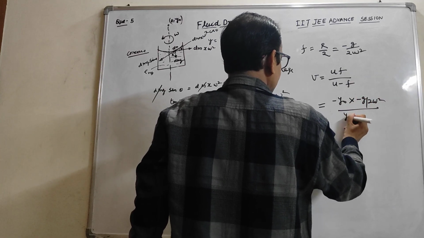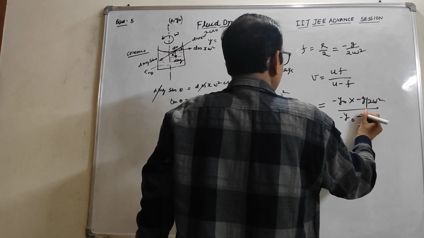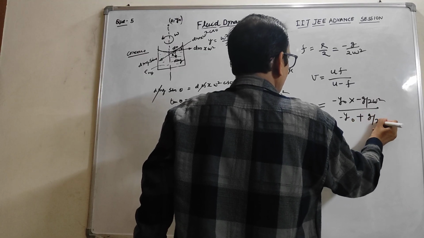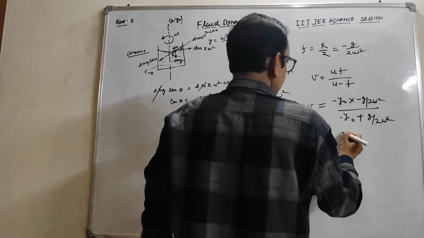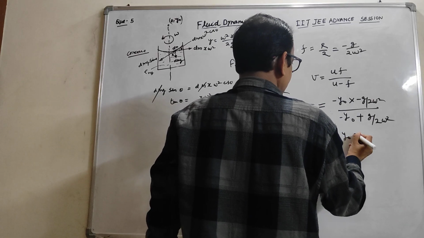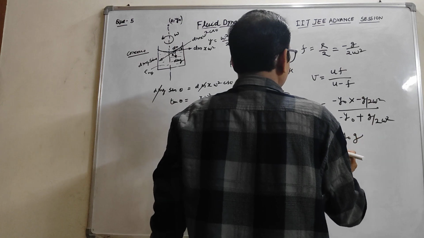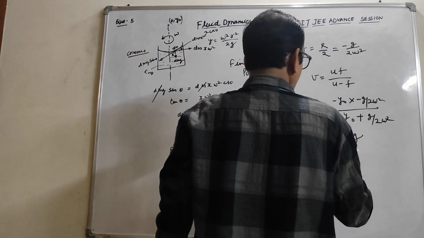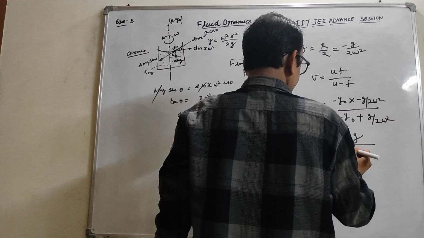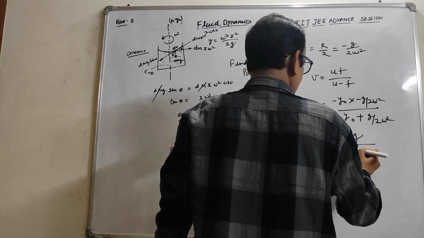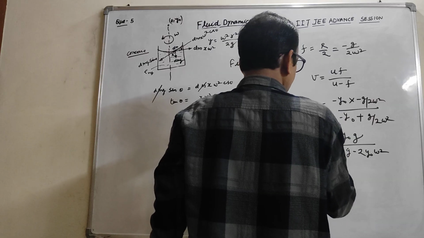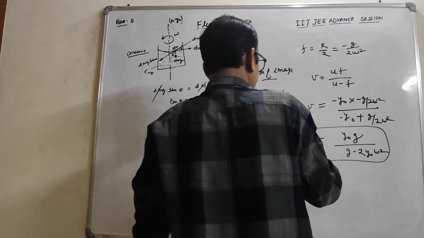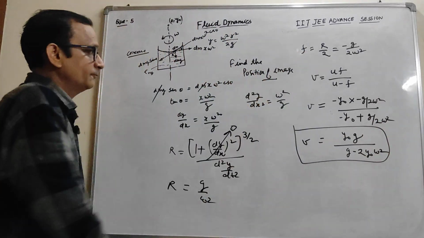So v is equal to minus y naught times minus g by 2 omega square upon minus y naught plus g upon 2 omega square. So this becomes y naught g upon g minus 2 y naught omega square. This is the position of the image.